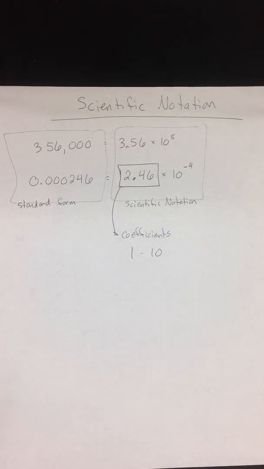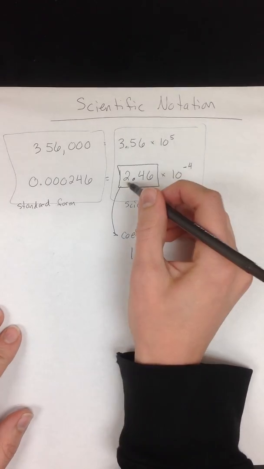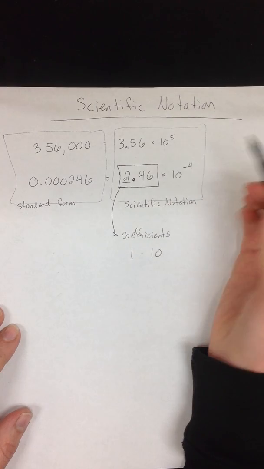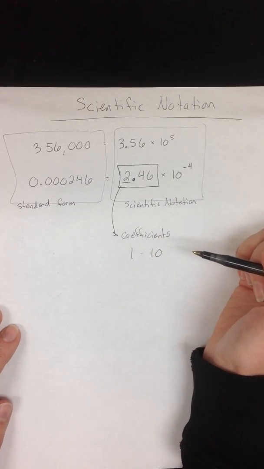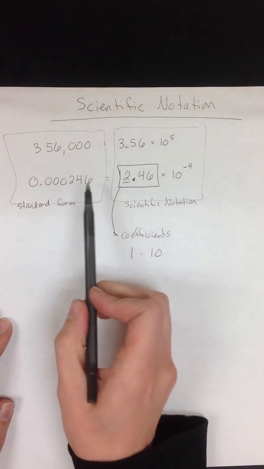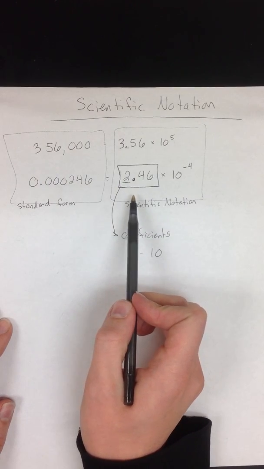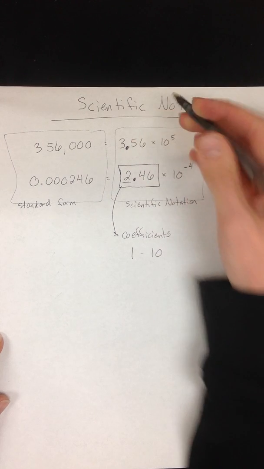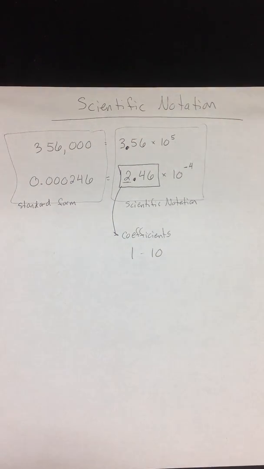In other words, there's one digit, then your decimal place, and then the other digits in your number. So for example, 2.46 is between 1 and 10, and 3.56 is between 1 and 10.